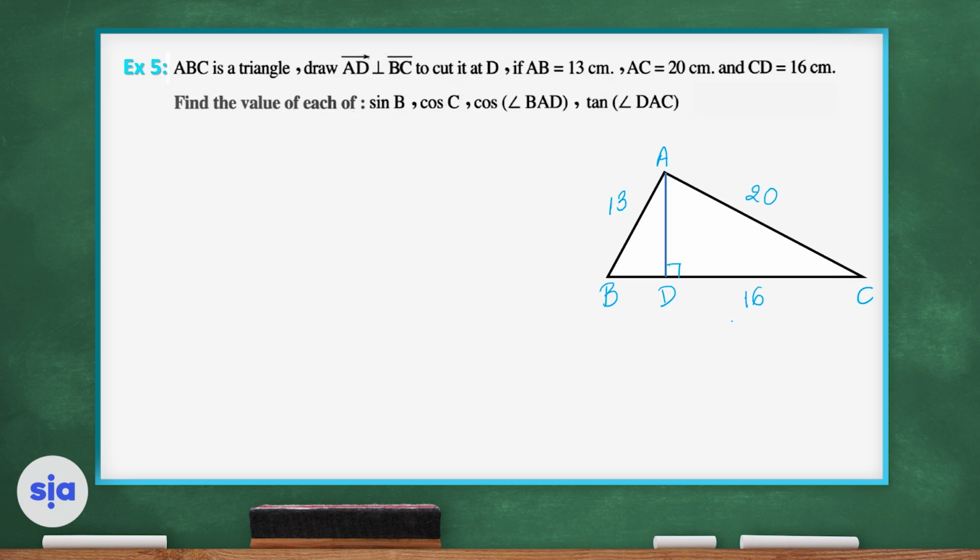The question here wants us to find sine B. In order to find sine B and the rest of the requirements, we need to find the length of AD and BD.